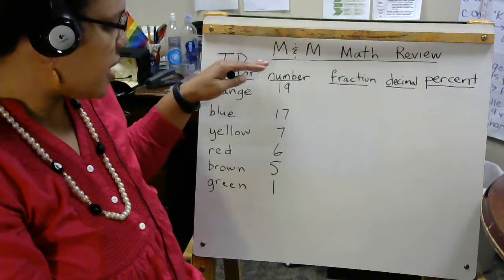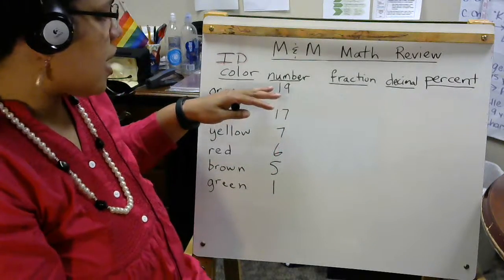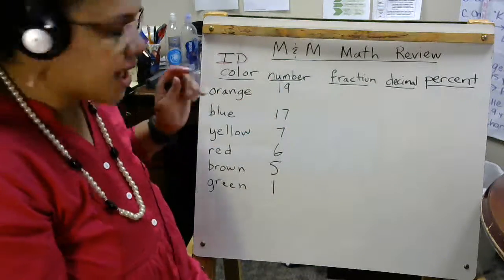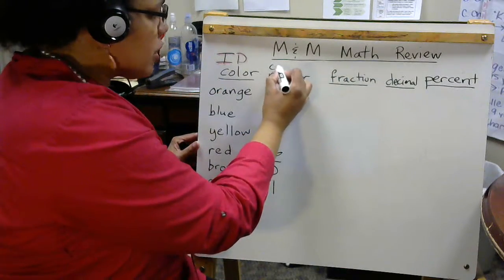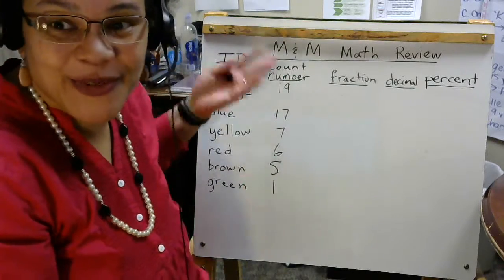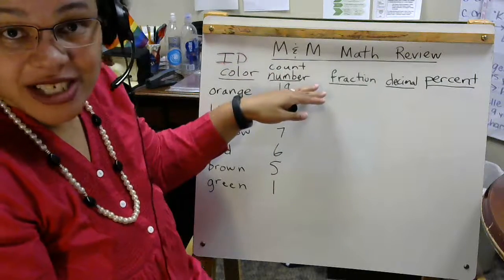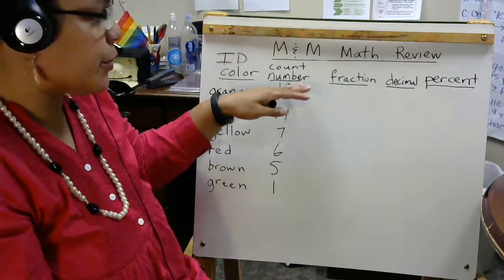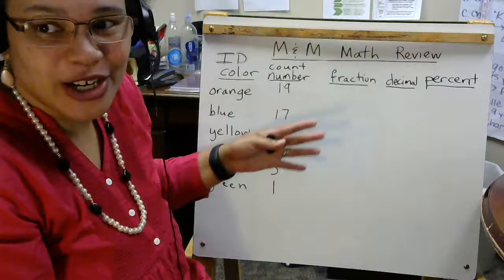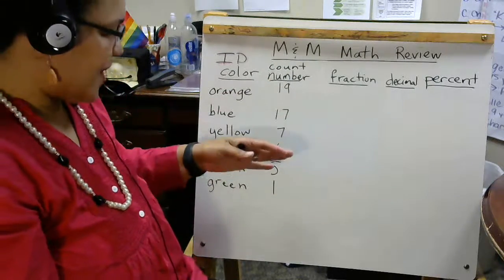Another word that you'll see in statistical programs for just a number is the word count, right? So I counted the M&Ms to figure out how many there were. And so you might see count instead of number, because actually they're all numbers, but they're just different forms of the number.